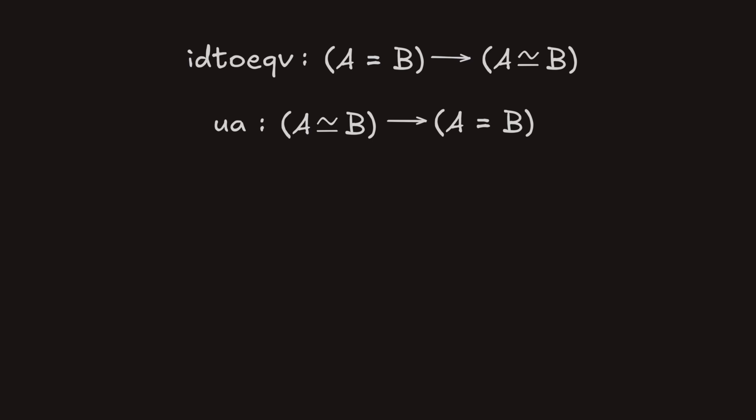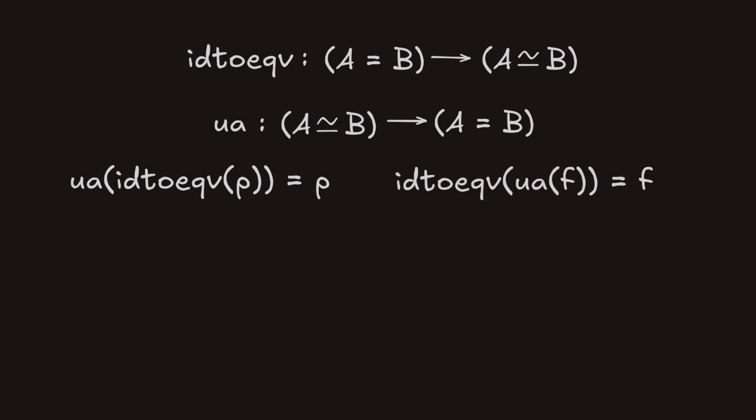Furthermore, UA is the inverse of idtoeqv, and idtoeqv is the inverse of UA.